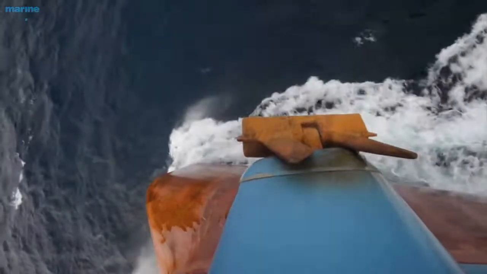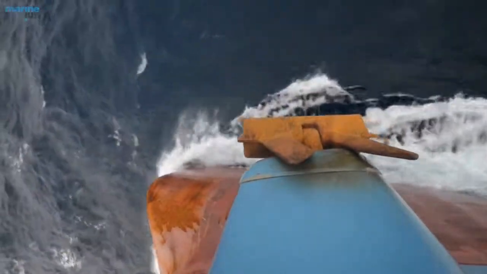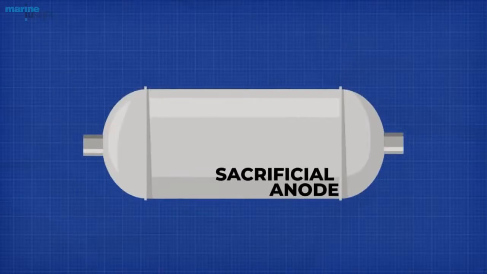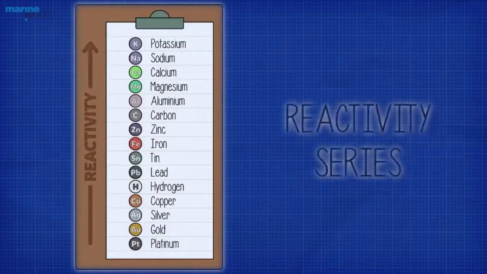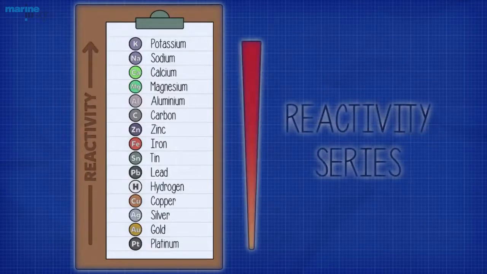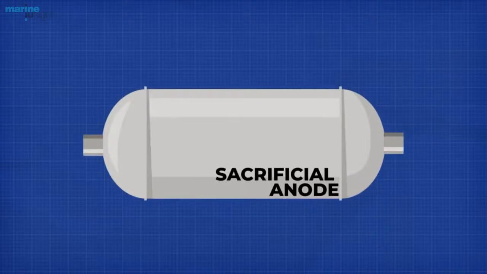In order to fight against this corrosion and protect the parent material, sacrificial anodes are used on ships. Metal strips of top order metals in the reactivity series serve as anodes and are installed for cathodic protection. These are called sacrificial anodes.